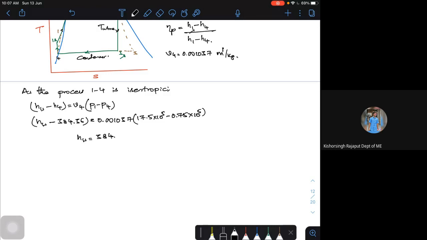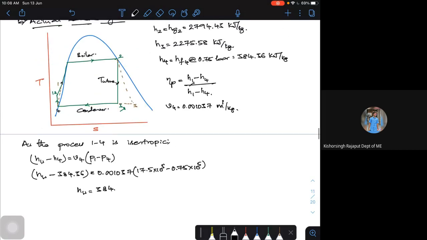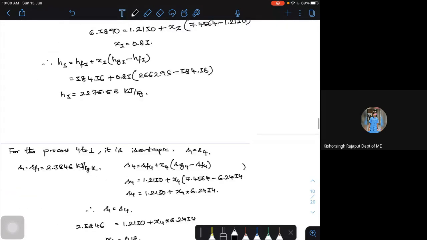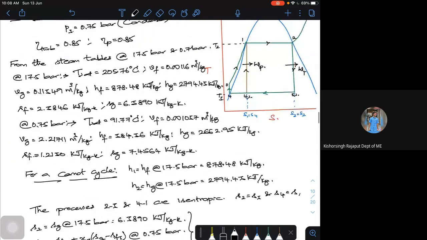So something has gone wrong with the values. P1 is 17.5, is that in kilopascals or bar? It's bar, yes, 17.5 bar.